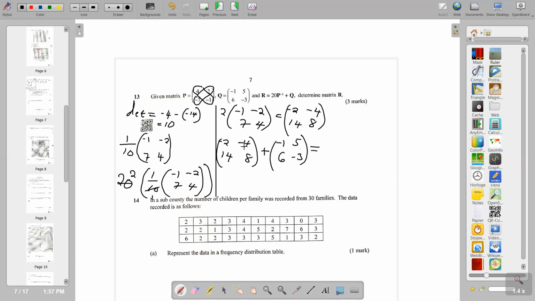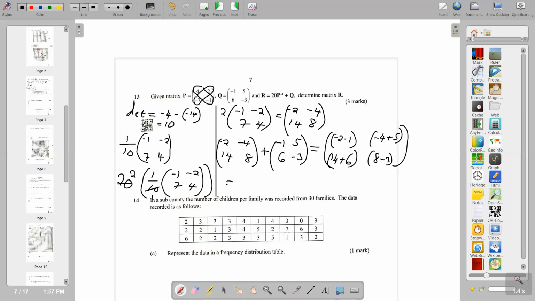So now you add: put the bracket. You have -2 plus -1, then -4 plus 5, then 14 plus 6, and 8 minus 3, and close it.